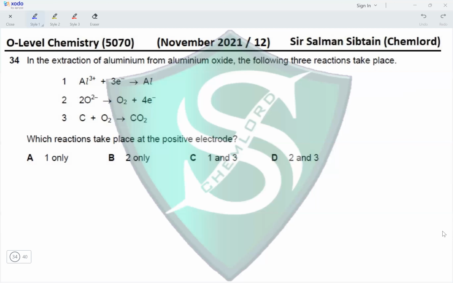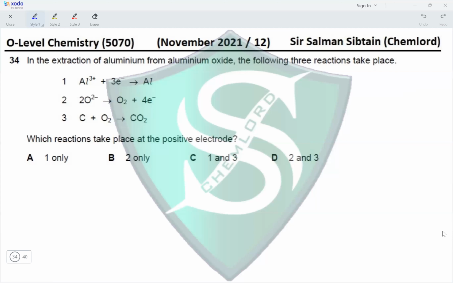Now, in this oxidation, we have oxide ions losing electrons to form oxygen. And the third one, it is an oxidation of carbon. But this happens because when oxygen is produced, that oxygen is at a very high temperature.